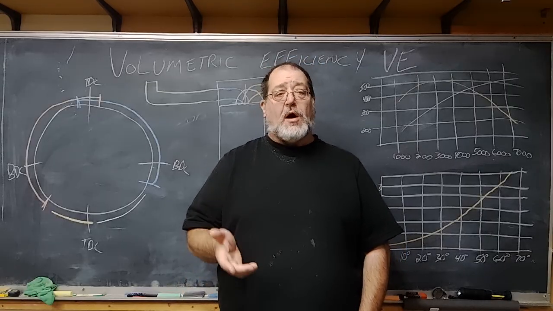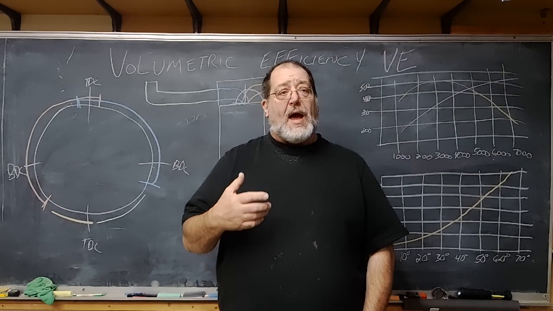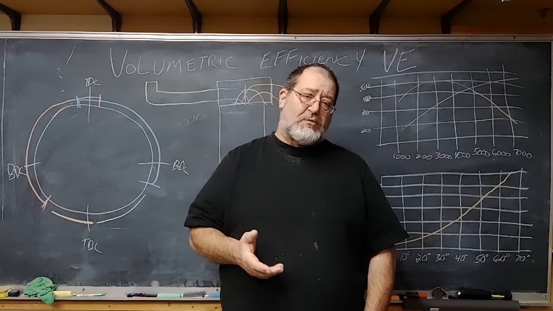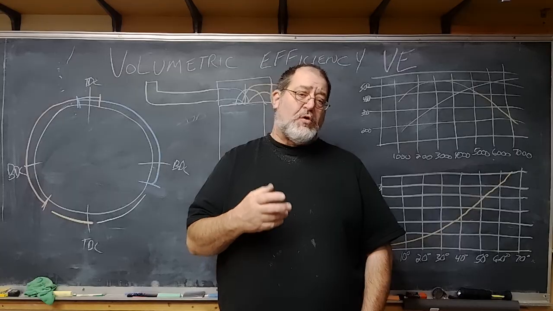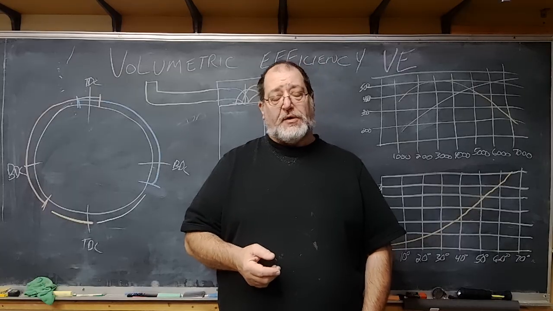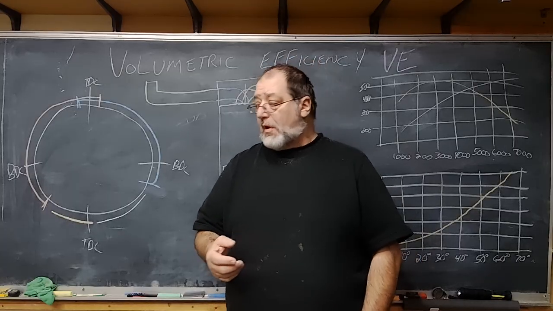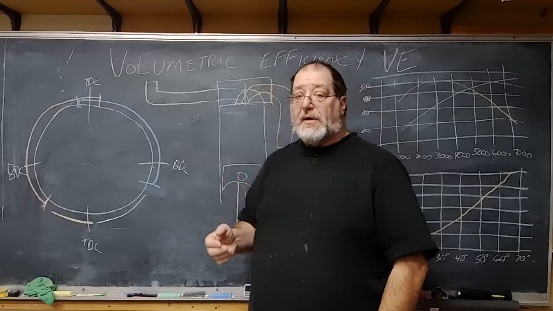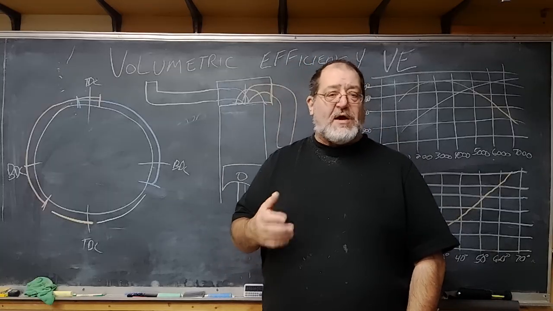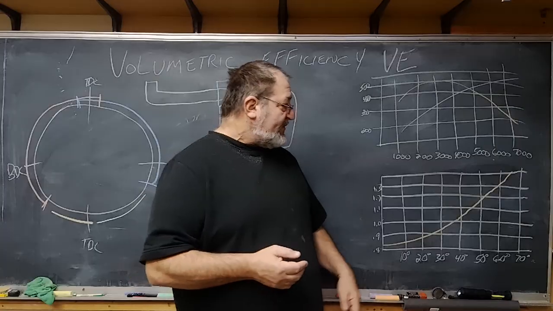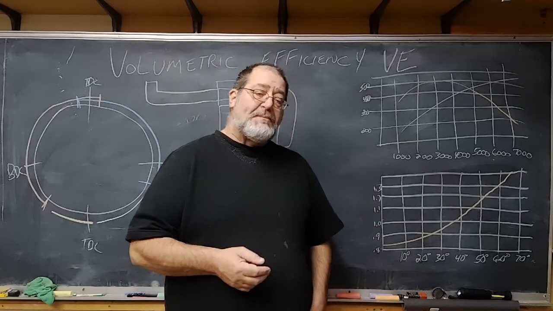So let's walk over what actually controls volumetric efficiency so that you can make some better decisions about what you're doing. Now, the first thing I want to talk about is the fact that volumetric efficiency is tied to inertia ram.